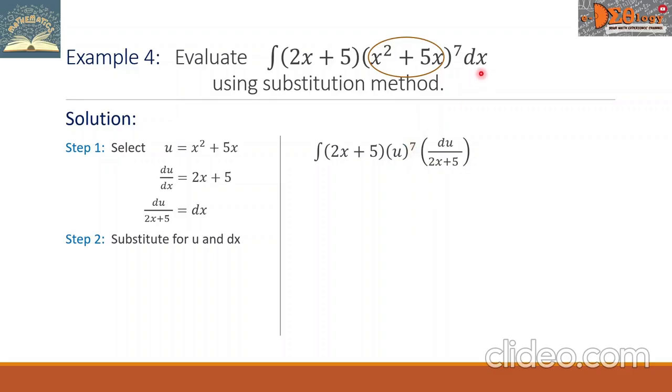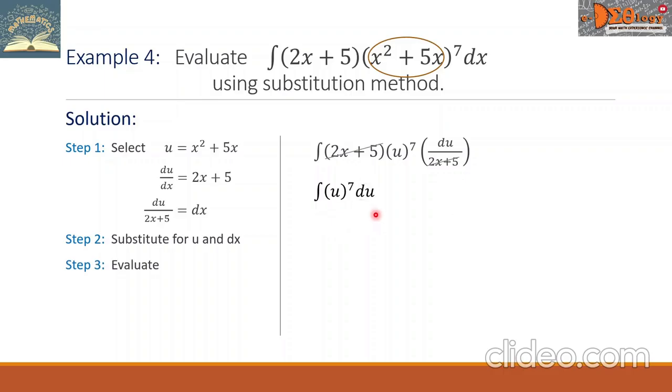And the value of dx, the du over 2x plus 5. Then we simplify. We can cancel the 2x plus 5 and 2x plus 5 respectively. Upon cancellation, everything about x is removed. Only u and du are here. So, integral of u raised to 7 du.